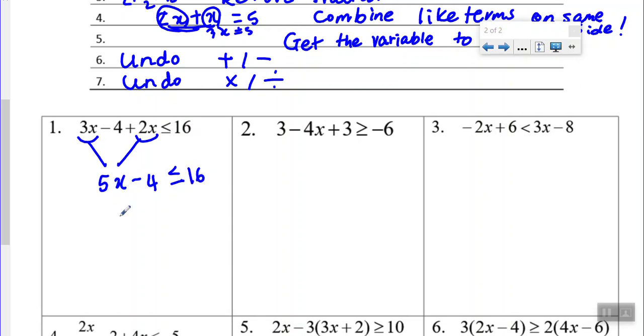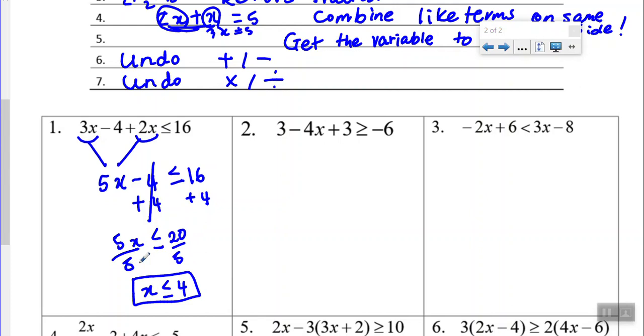From here it's 2 steps: add 4 on both sides. You bring down 5x less than or equal to 16 plus 4, which is 20. And then divide by 5: x is less than or equal to 20 divided by 5, which is 4. Here, you do not flip the symbol because you are not dividing by a negative number.